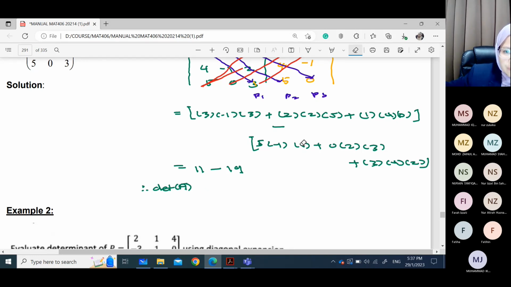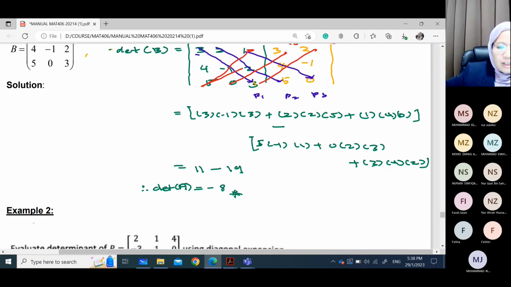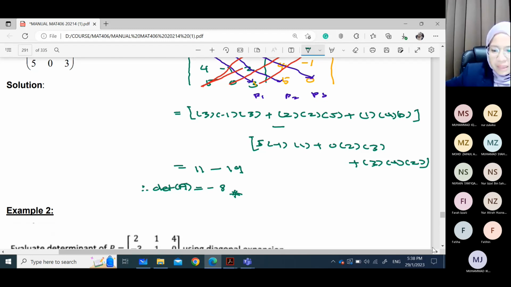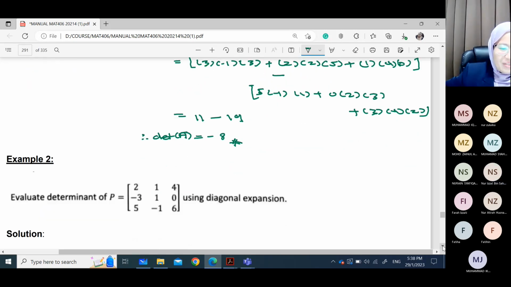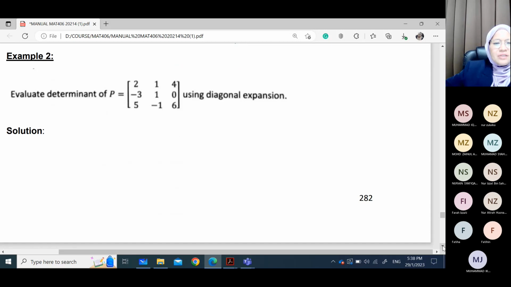Ini jawapan dia. Negative 8. Okay, boleh? Boleh. Okay, very good. Ini pun sama jugalah, using diagonal expansion. Macam tu kaedah dia. Dia darabkan secara diagonal.